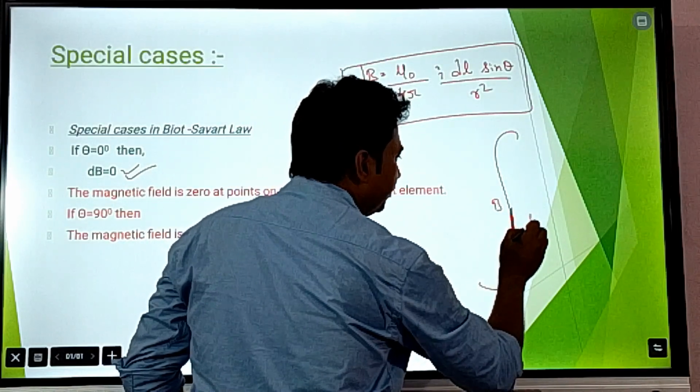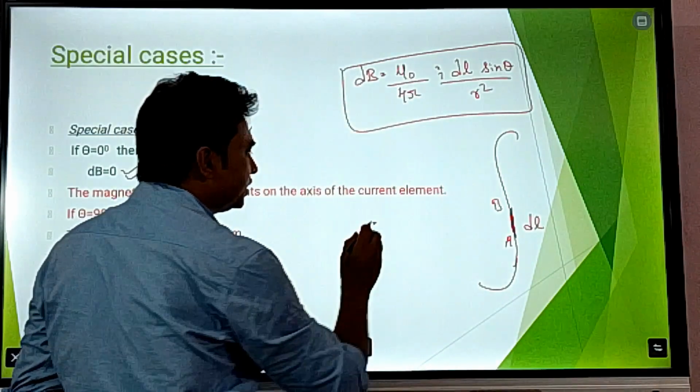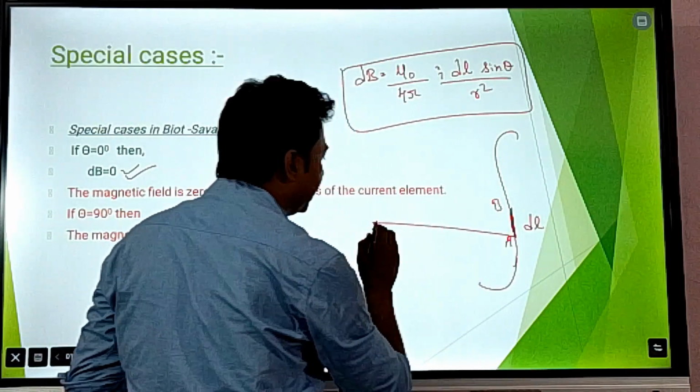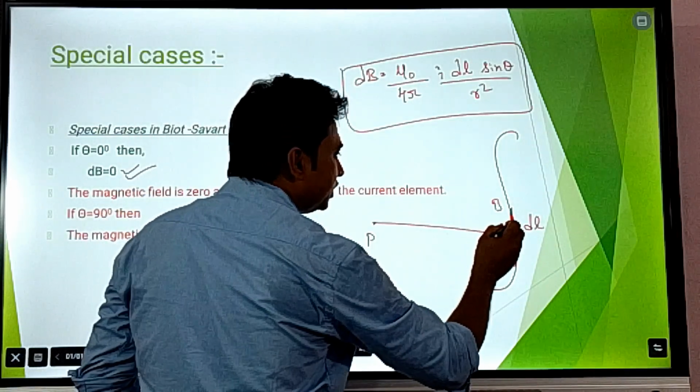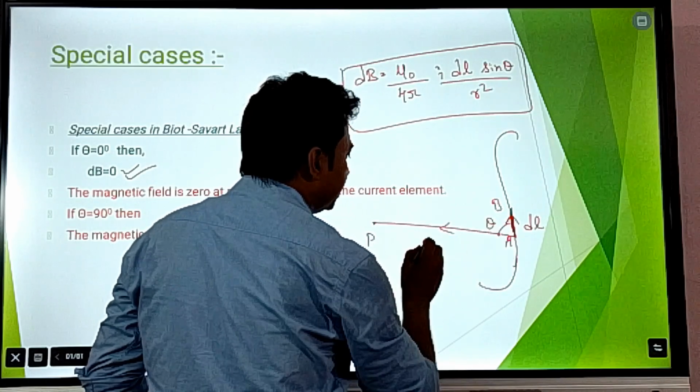This AB is the dl, this is the length of the dl. We are going to find the magnetic field at the point P, and this is our theta. This is the direction of r.